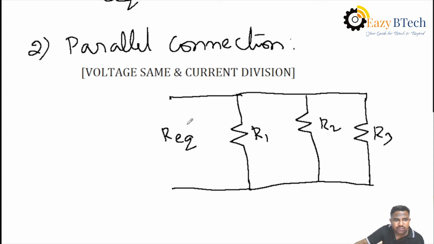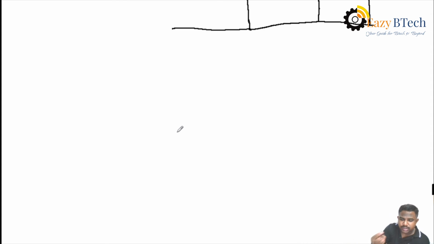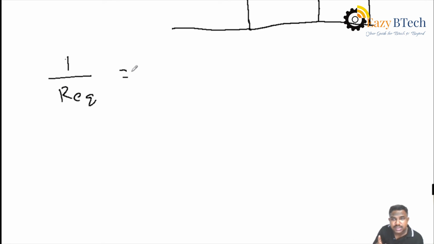Then the formula for parallel connection is 1 by R equivalent equal to... In parallel connection, current division takes place. That's why I equal to V by R, that is 1 by R should be possible.